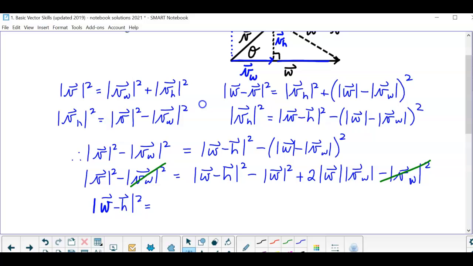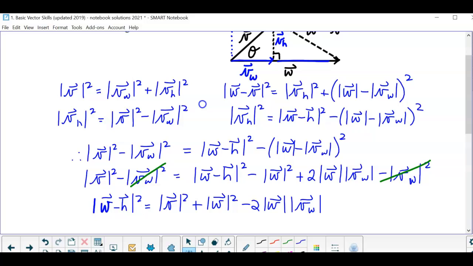From the left, then I would have V squared plus W squared minus 2WV. Okay, getting close, right?